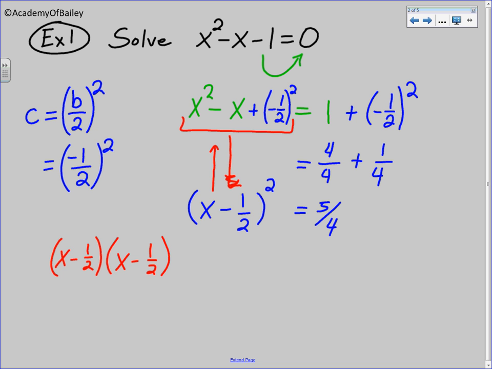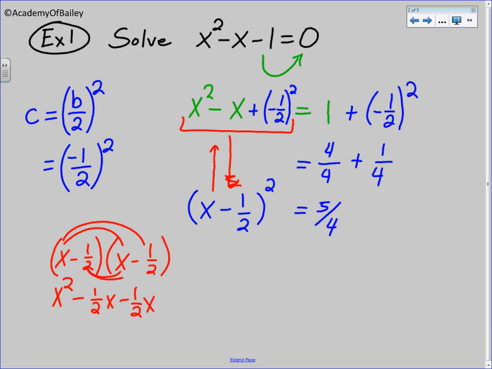And now let's multiply these binomials. FOIL. X times x, x squared. X times negative 1/2, negative 1/2 x. And negative 1/2 times x.